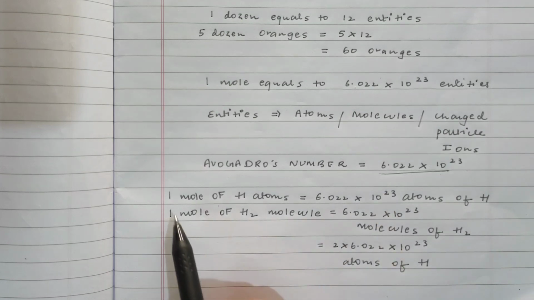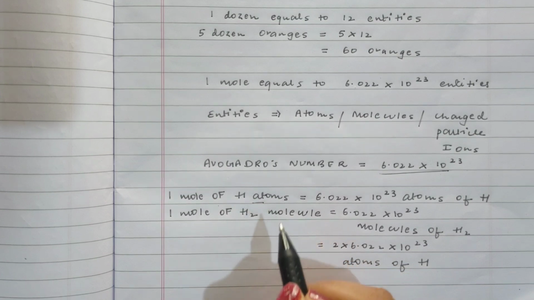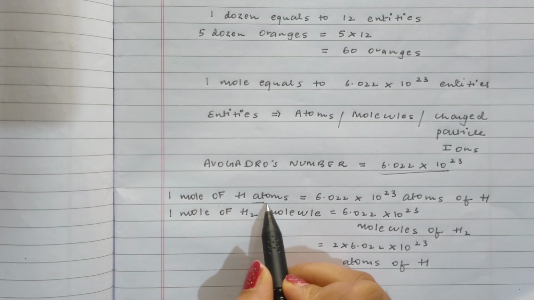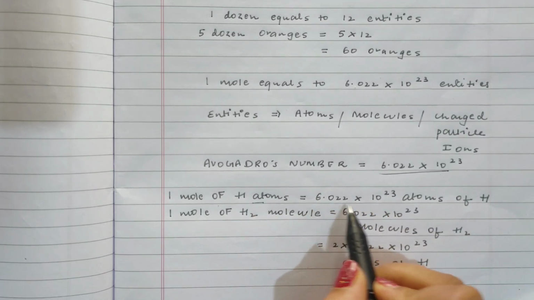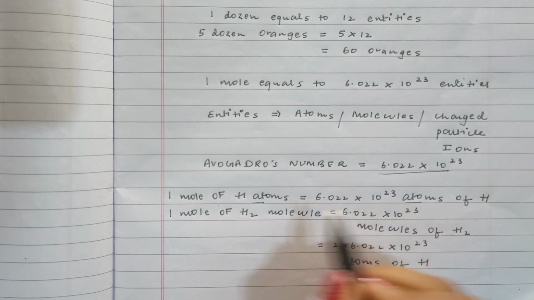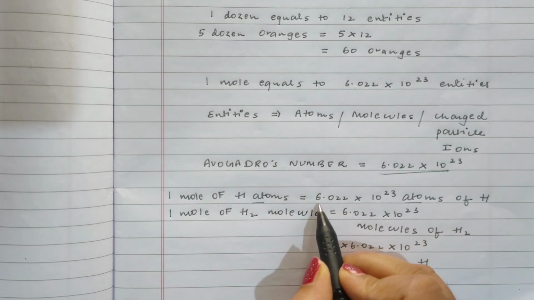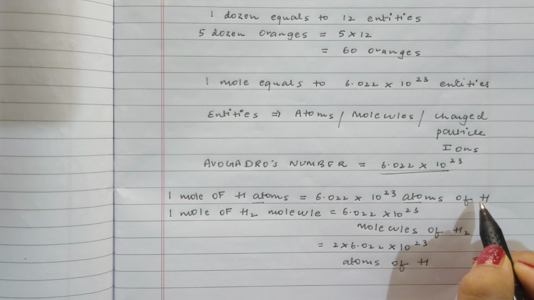Let's take an example of 1 mole of hydrogen atoms. I'm specifically dealing with the term atoms. 1 mole of hydrogen atoms will correspond to 6.022 into 10 to the power 23 atoms of hydrogen.